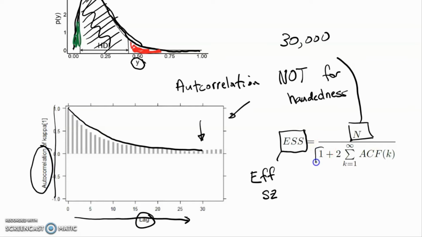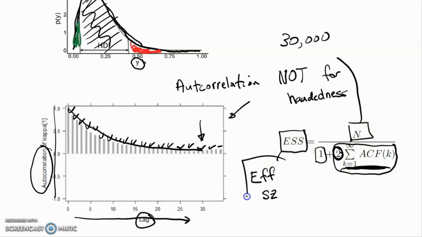And then we've got this number 1, and then this thing. What this thing is doing is multiplying the number 2 by this bit here, and this bit here is just the sum. So you sum up all the values of autocorrelation over all the autocorrelation lags, take n, divide it by that, and that gives the effective sample size.